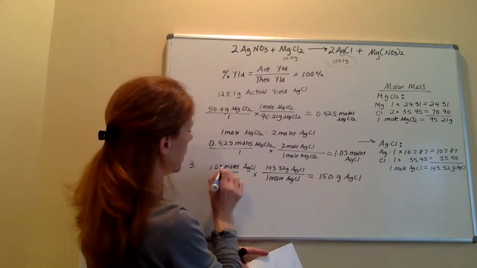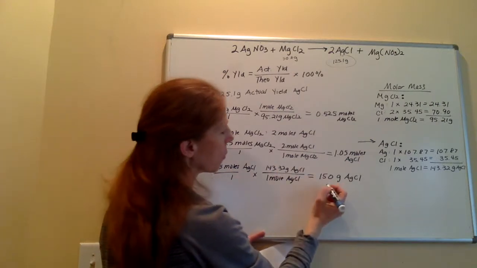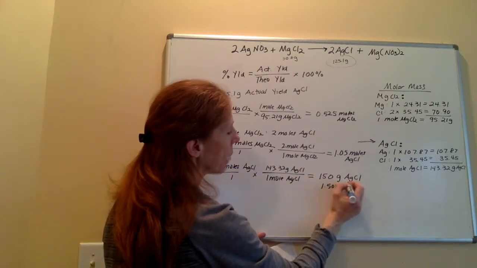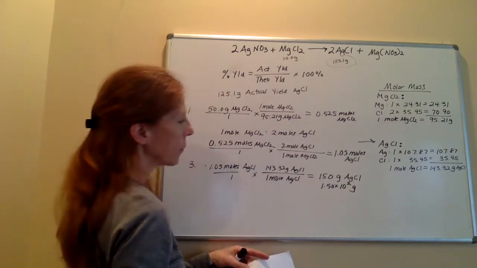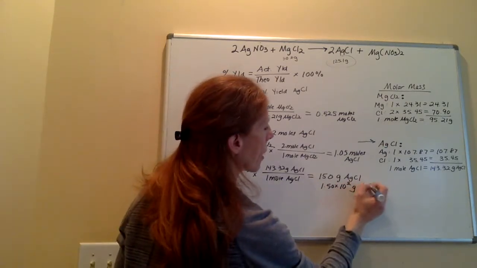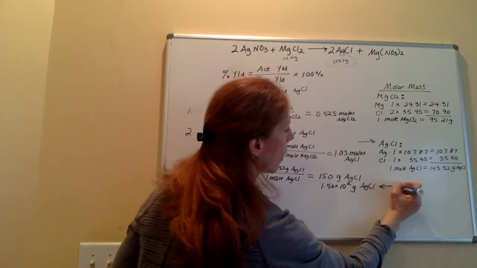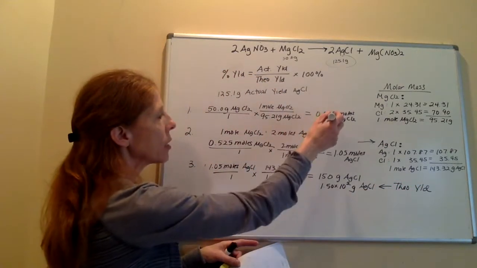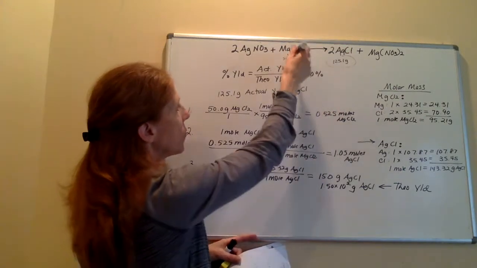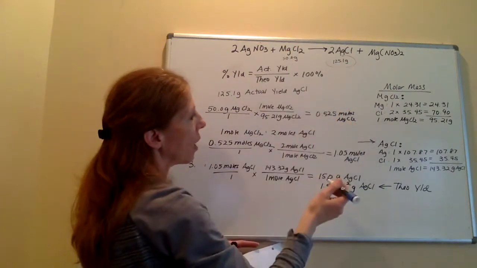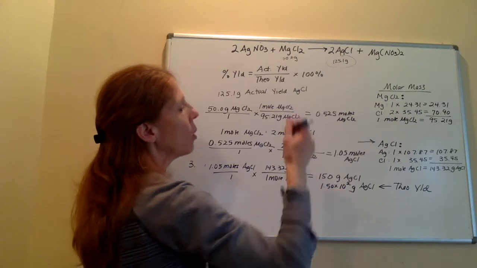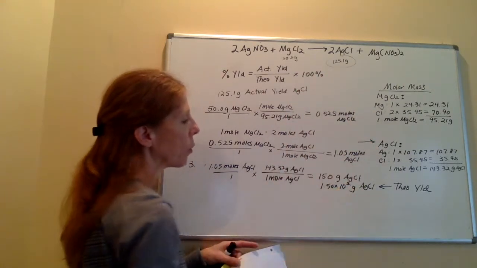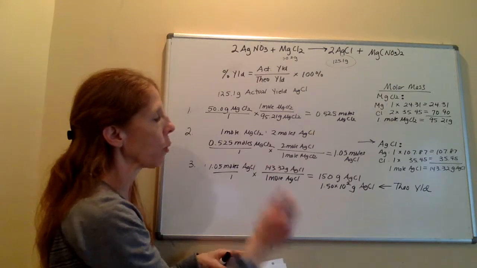However, I have 3 significant figures over here, so I want to report 3, and I'm going to write that as 1.50 times 10 squared grams. That is my theoretical yield. If I start with 50 grams, that equals 0.525 moles of magnesium chloride, which relates to 1.05 moles of silver chloride, which relates to 1.50 times 10 squared grams.